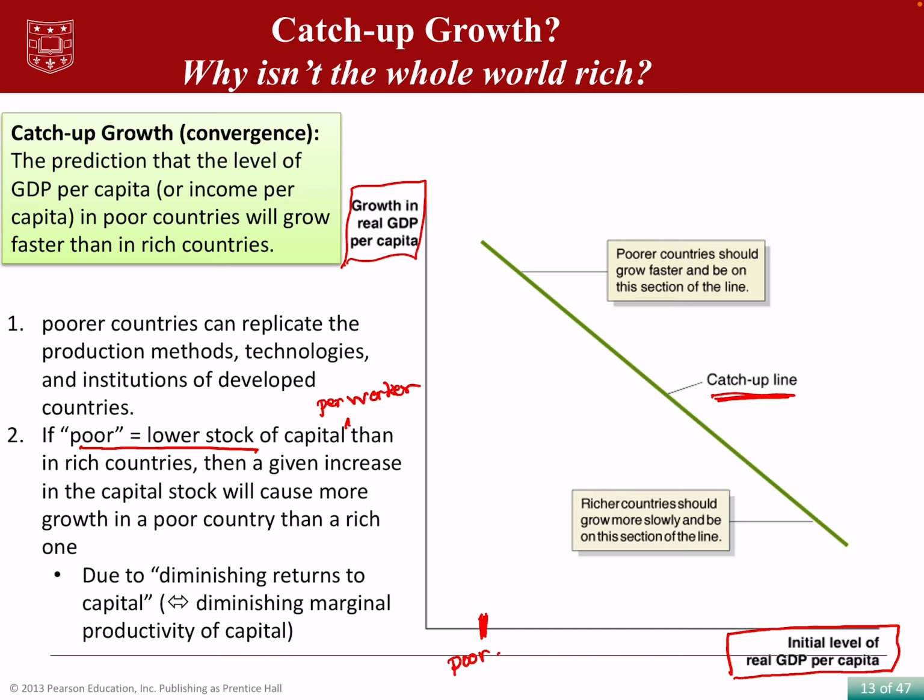And again, if poor just means that they don't have much physical capital per worker, or as we'll add in, human capital per worker, then as that gets added, they should have very high growth rates. Whereas if you have a relatively rich country that adds more capital per worker, its growth rate is going to be relatively slow. And this is the idea of catch-up growth.